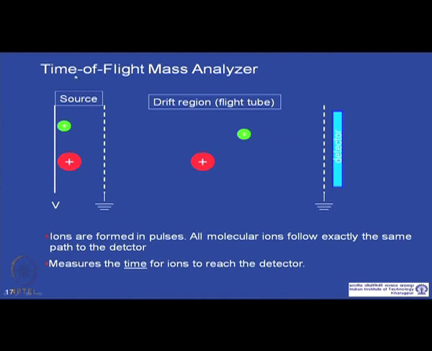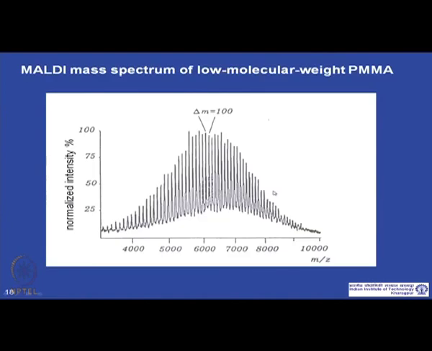In the case of time of flight mass analyzer, all the molecular ions follow exactly the same path to the detector, and the detector only measures the time which the ions take to reach the detector. The heavier ions would take more time to reach the detector, whereas lighter ions obviously will take less time and move faster to the detector.